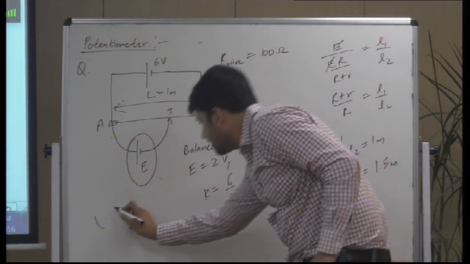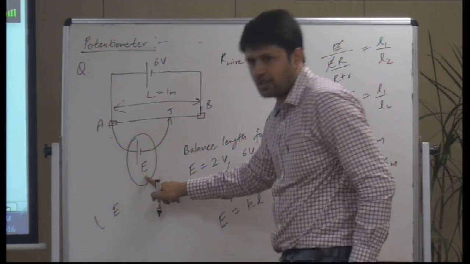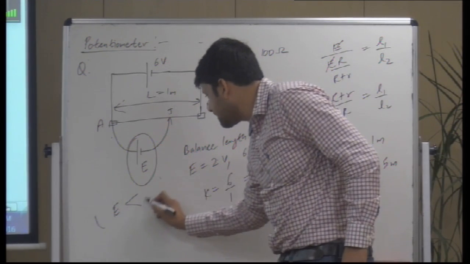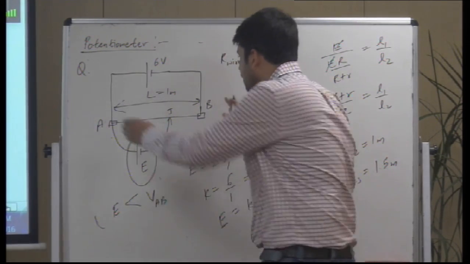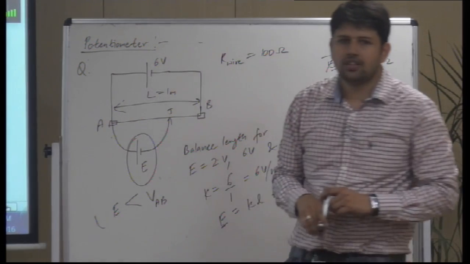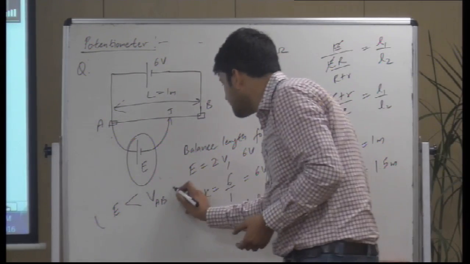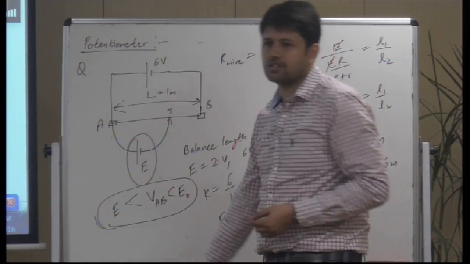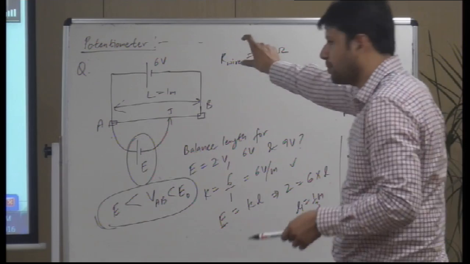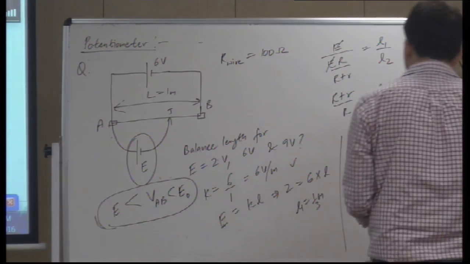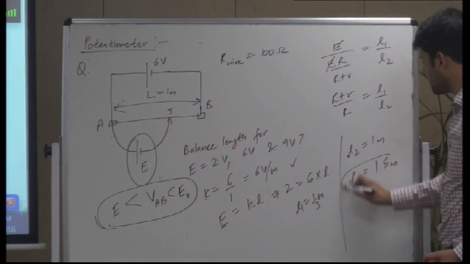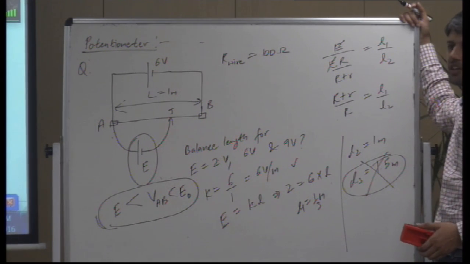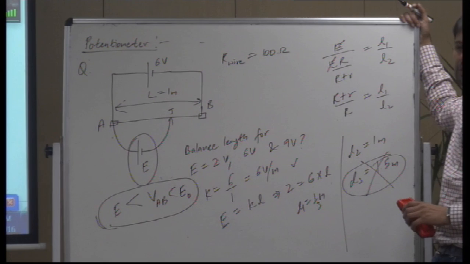The EMF or voltage which you want to measure should always be less than VAB, the voltage across this wire, which is generally less than the EMF of the main cell, the battery. So the problem is that you have connected a cell of higher voltage than the main battery or the primary battery itself.